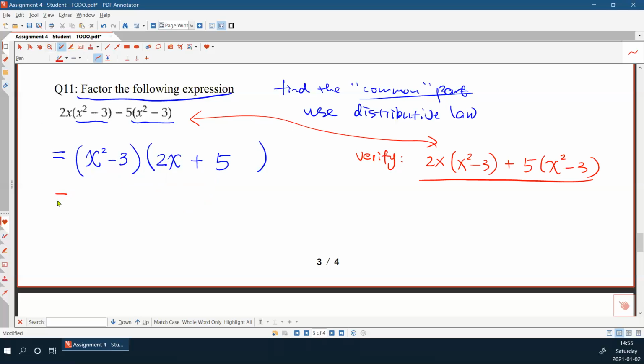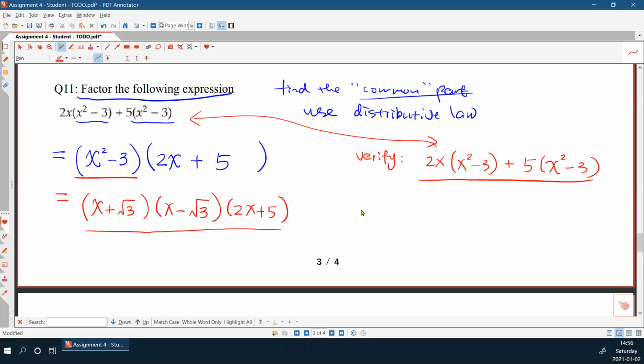Okay, it should be noted that this expression can be further factored into x plus square root of 3 times x minus square root of 3, right? So this is our final result. There is a formula we could use here, which is a squared minus b squared is a plus b times a minus b.